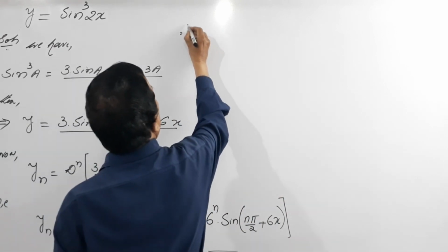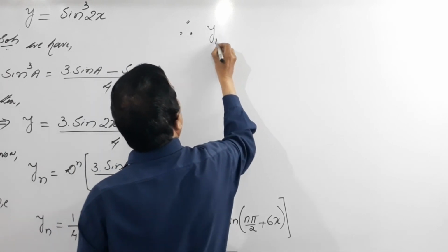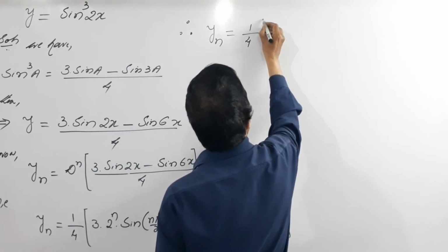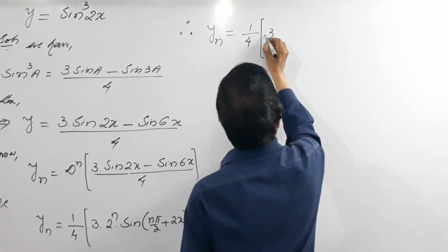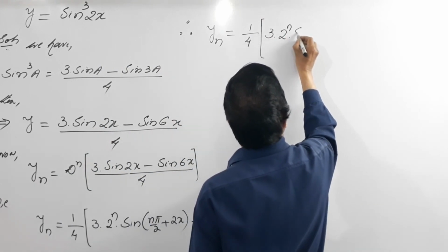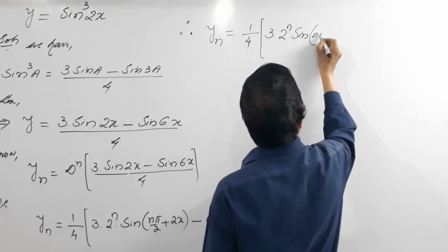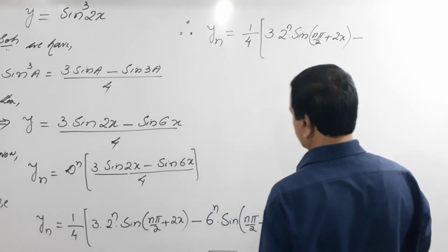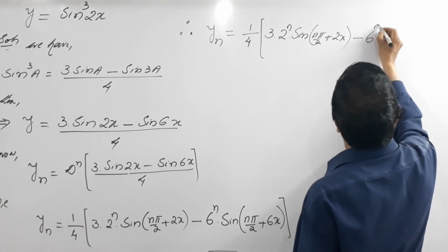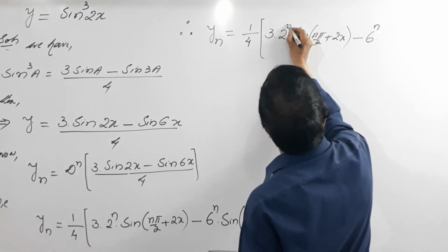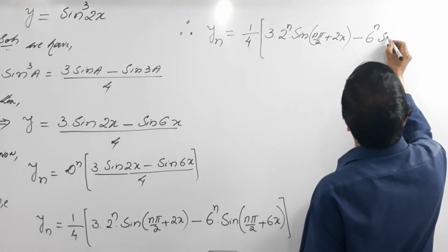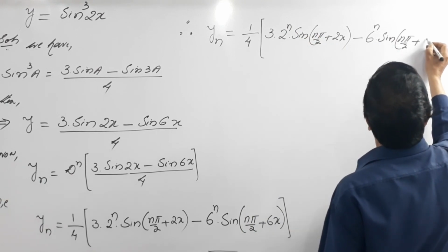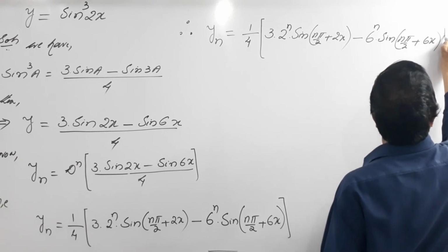Therefore the nth derivative of the given problem is 1 by 4 into 3 into 2 to the power of n sin of n pi by 2 plus 2x, minus 6 to the power of n sine of n pi by 2 plus 6x.